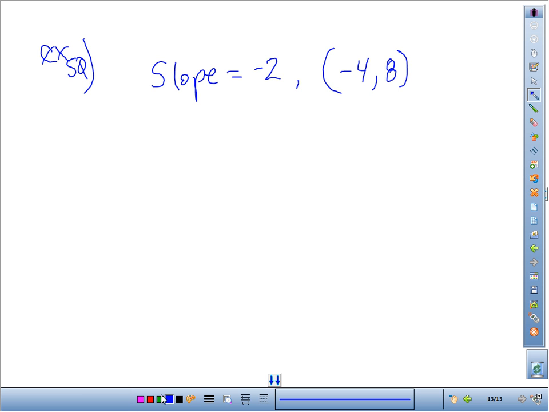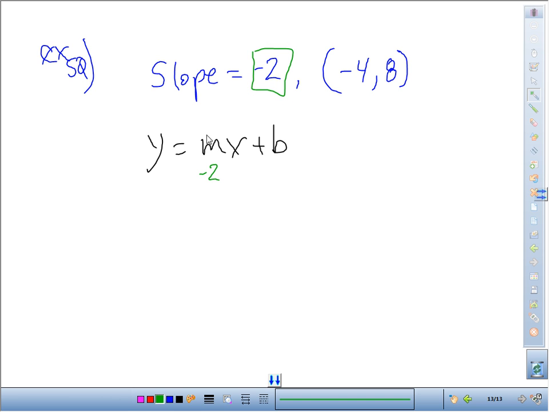All right, let's see. First steps first, you write y equals mx plus b. Substitute the slope, which is what? Negative 2. What is my x value? Negative 4 goes here, so I open up parentheses. What is my y value? 8. Hold on.